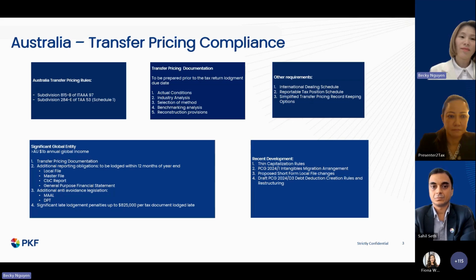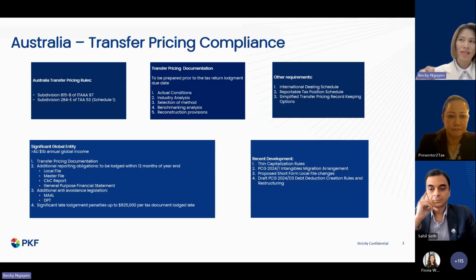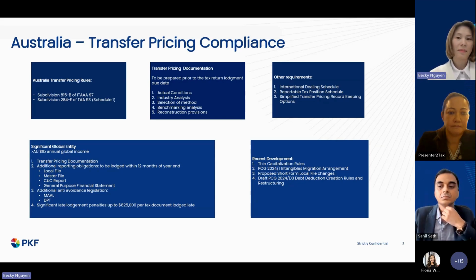In terms of the transfer pricing rules, they are primarily governed in Subdivision 815-B, which outlines the arm's length principle, and Subdivision 284-E, which outlines the compliance requirements. Under the arm's length principle, the actual conditions of the transactions between related parties must be reflective of the conditions as if they were conducted between independent parties under similar circumstances.